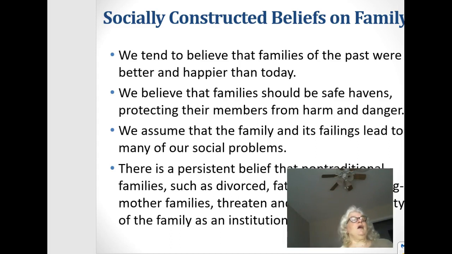Actually, you're more likely to be harmed, even murdered, by a family member than a stranger. So there are big processes that come into it. There is a persistent belief that non-traditional families erode the integrity of the family system.